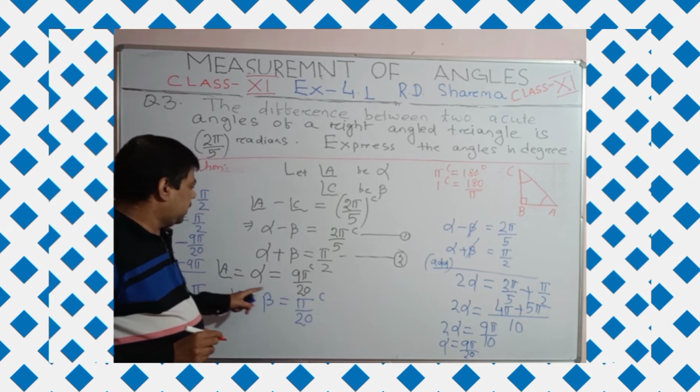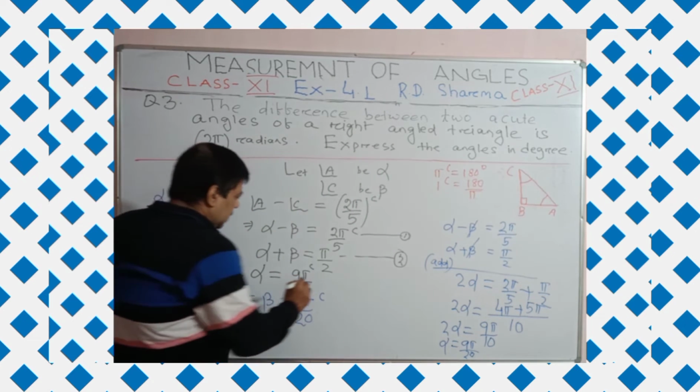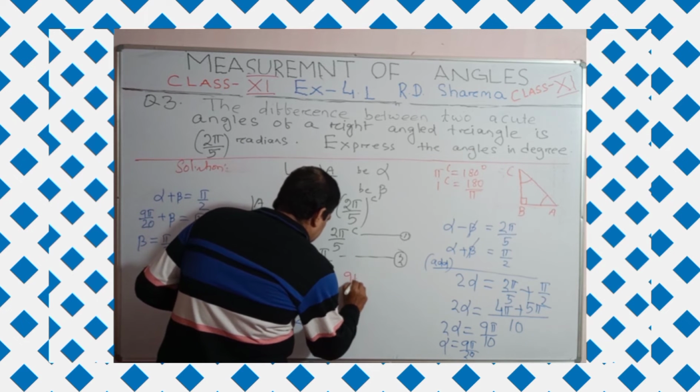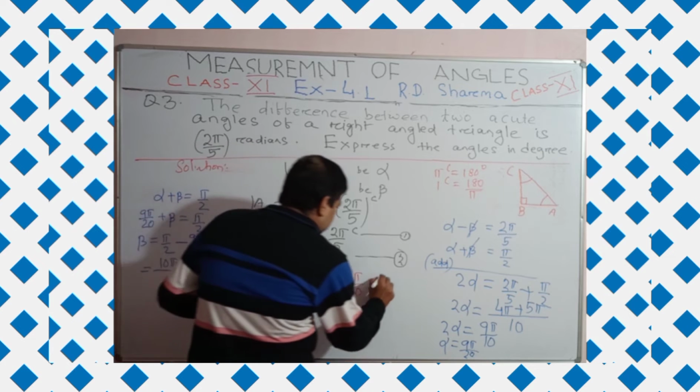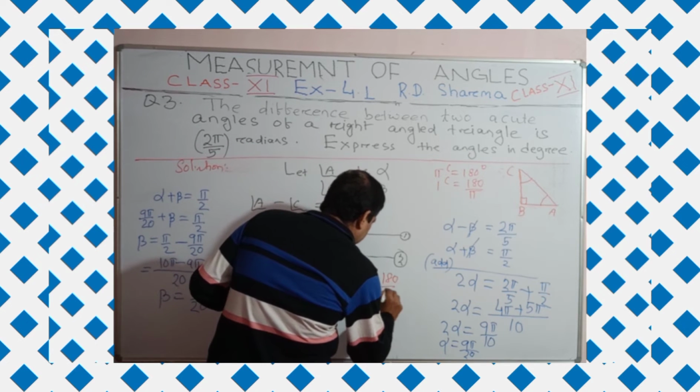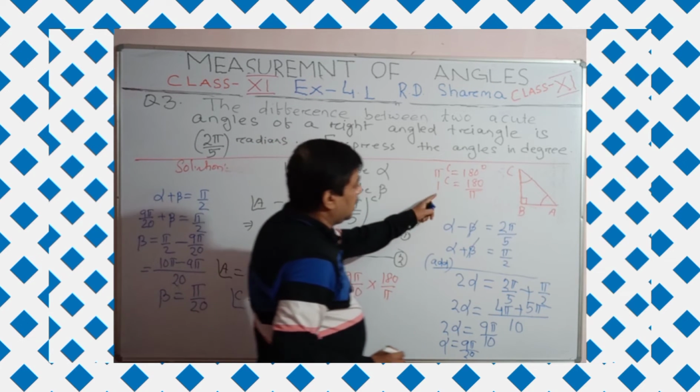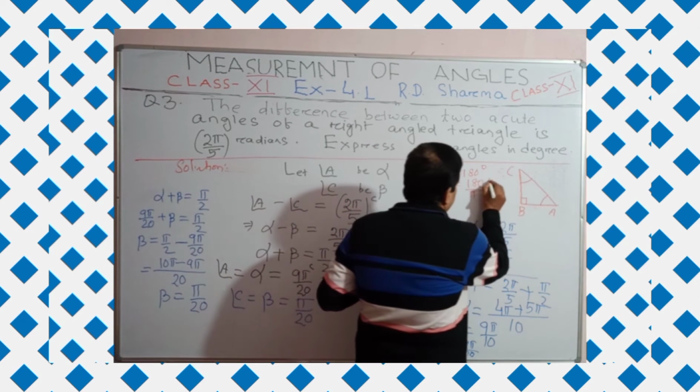So here you have alpha is equal to 9 pi by 20. 9 pi by 20 can be written as 9 pi by 20 into 180 by pi. You see, 1 radian is equal to 180 by pi degree.